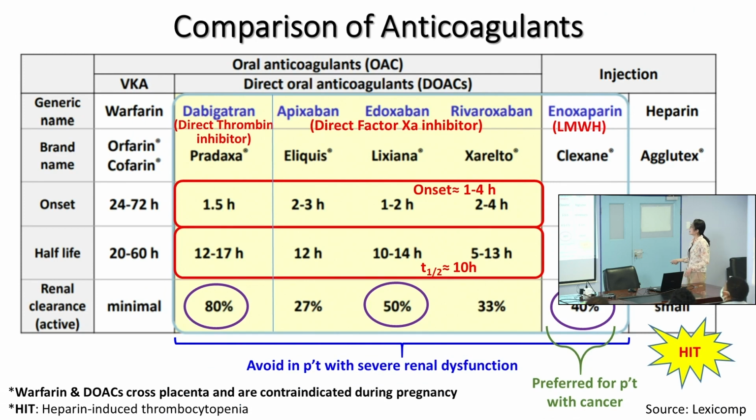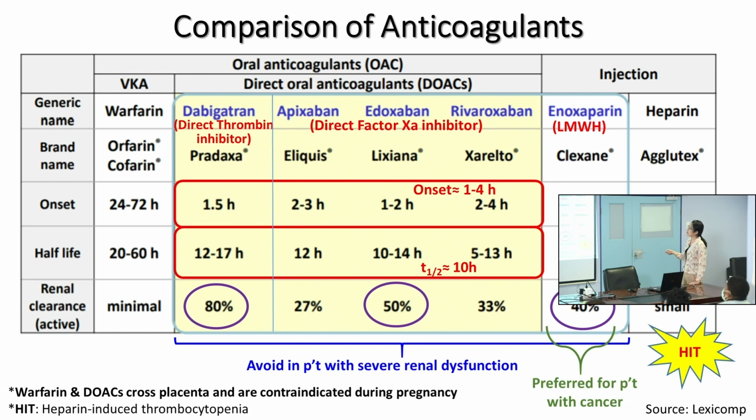Okay, and this is also a very important chart. It summarizes the oral form anticoagulants and also the parenteral form anticoagulants. Let's see the oral form first. Warfarin is here, and the ones in the middle are what we have mentioned previously, the direct oral anticoagulants, the direct thrombin inhibitors or direct factor 10 inhibitors.